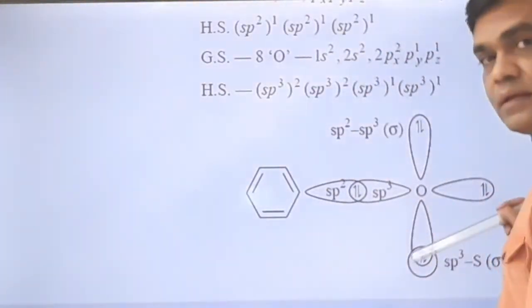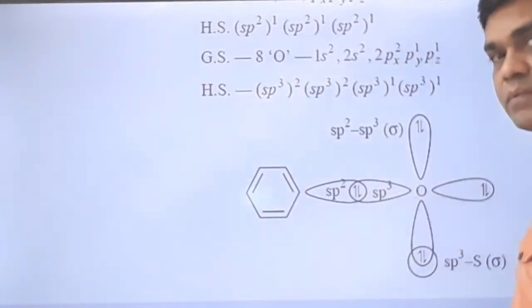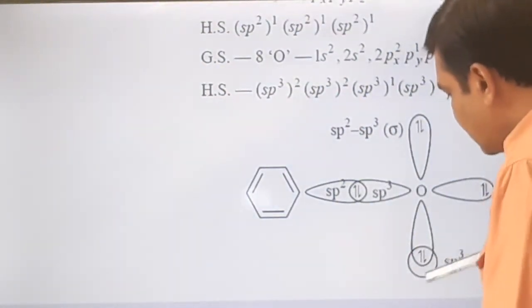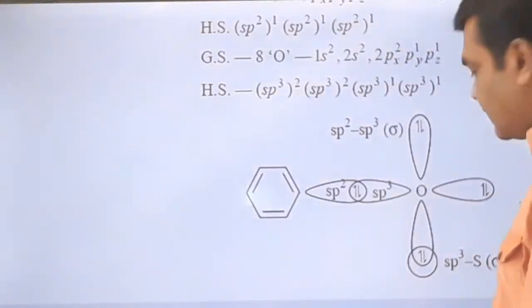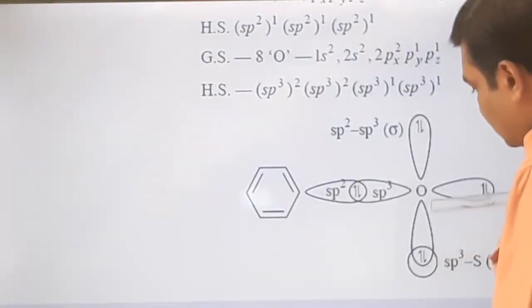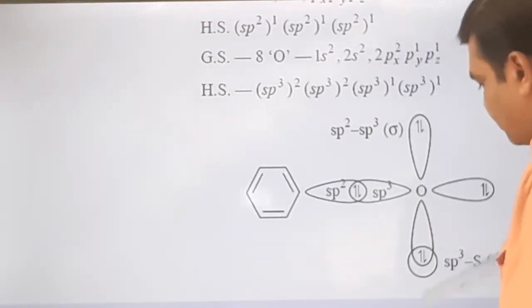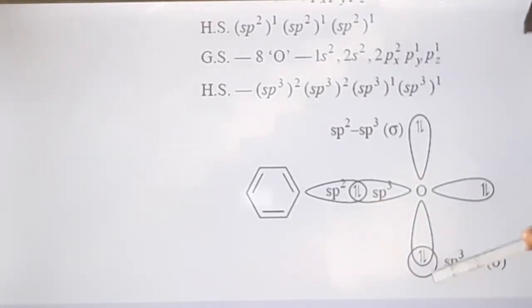This spherical one is the 1s atomic orbital of hydrogen. So this overlapping is sp3 1s overlapping, the sp3 hybrid orbital of oxygen and the 1s atomic orbital of hydrogen.